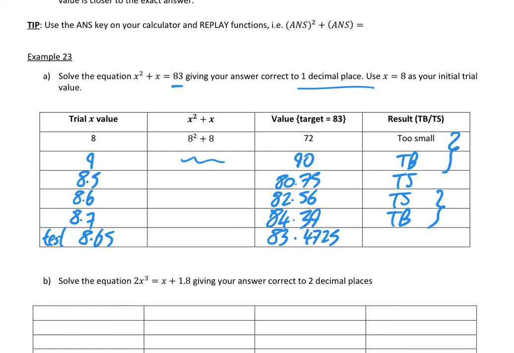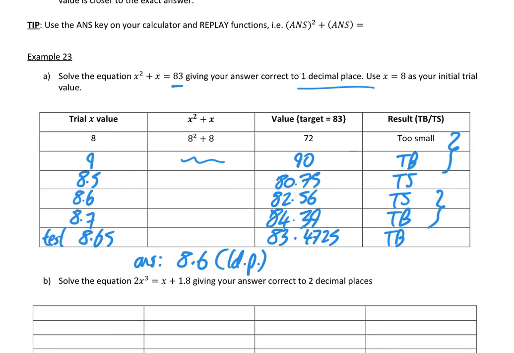Doesn't really matter exactly what it is, but it does matter, it's slightly too big. Now because that is too big, if 8.65 is too big, then that means 8.7 would be way too big. So if 8.65 is too big, then you take your answer to one decimal place. Your answer is 8.6 to 1 dp.